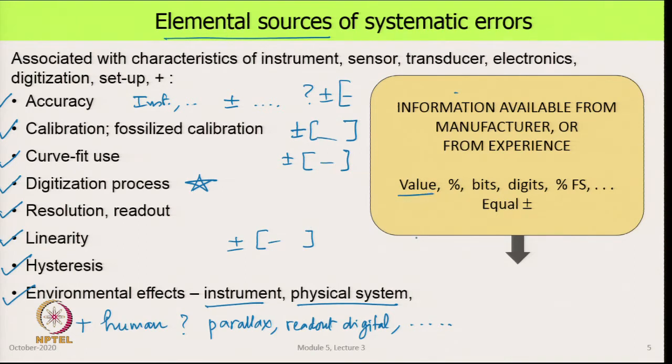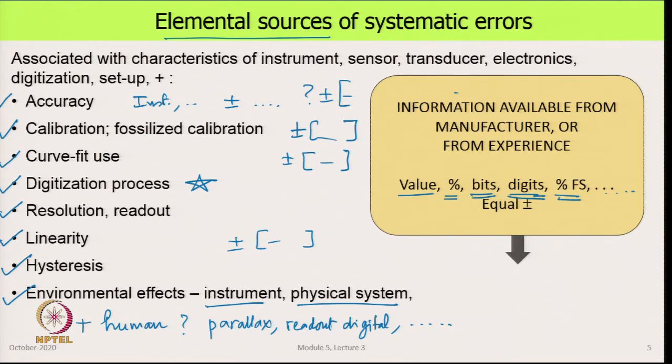This could be as a plus minus absolute value, a plus minus percentage value, or as a number of digital bits, or in terms of digits of the display, or as a percentage of the full scale range of the instrument or the device, or some other way.